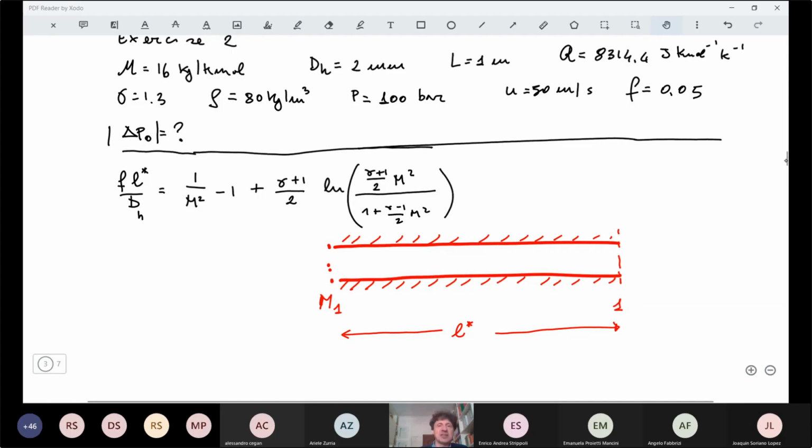For instance, in this case, once you obtain your Mach number, we can proceed as done before.